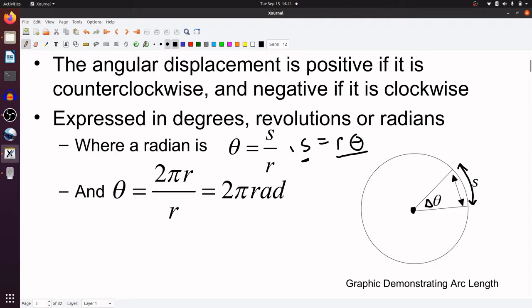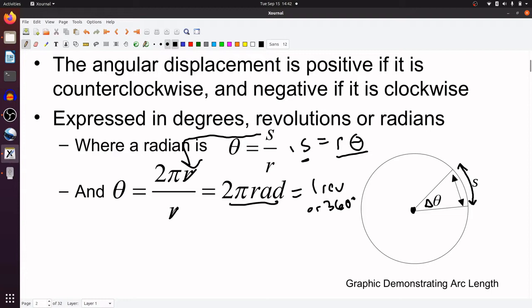And so S, that's your arc length, is going to be 2 pi r. So if you do one complete revolution, we have 2 pi r, the r's cancel, and then we have 2 pi radians. So there are 2 pi radians for every one revolution, or 360 degrees.